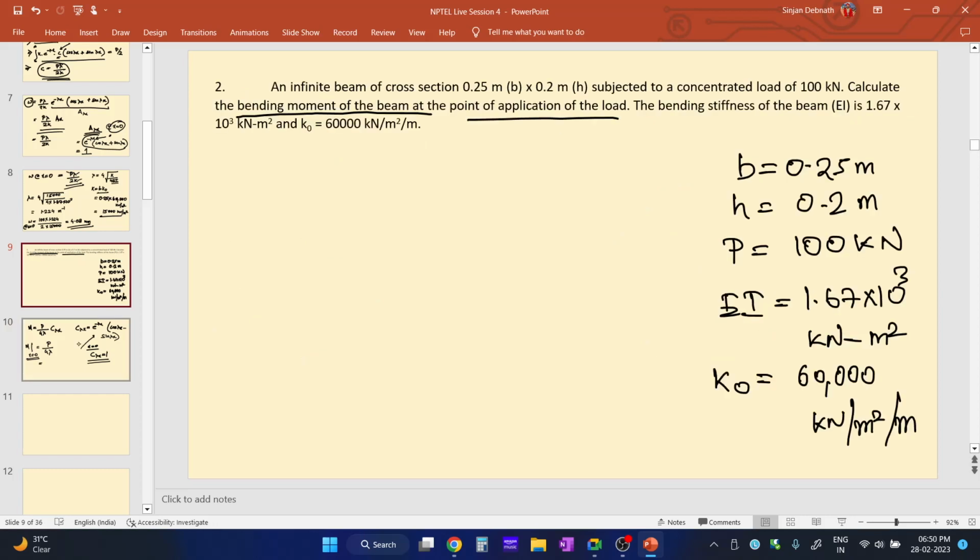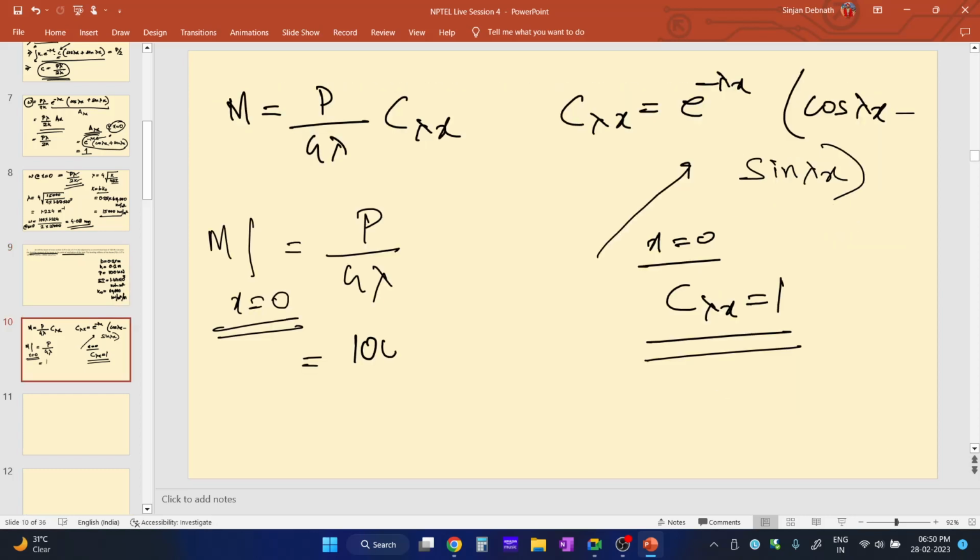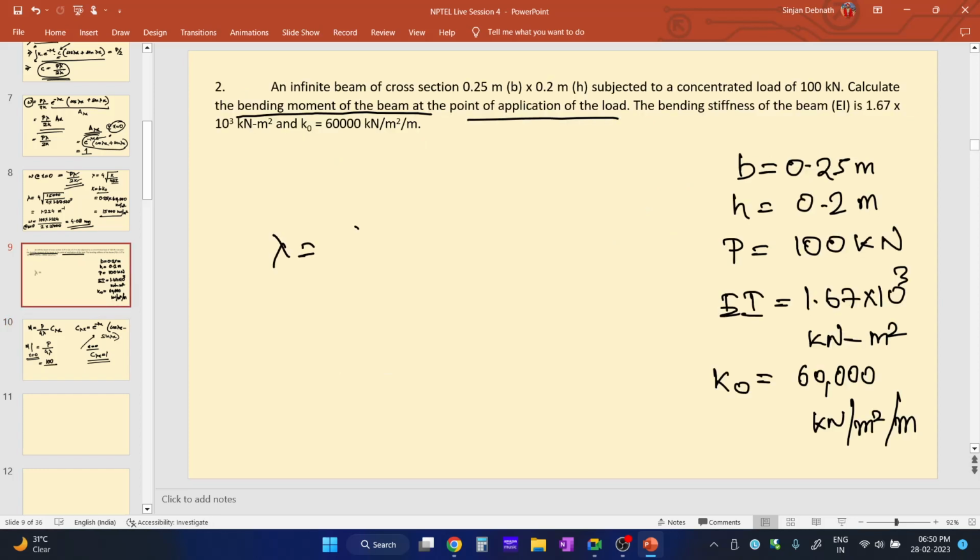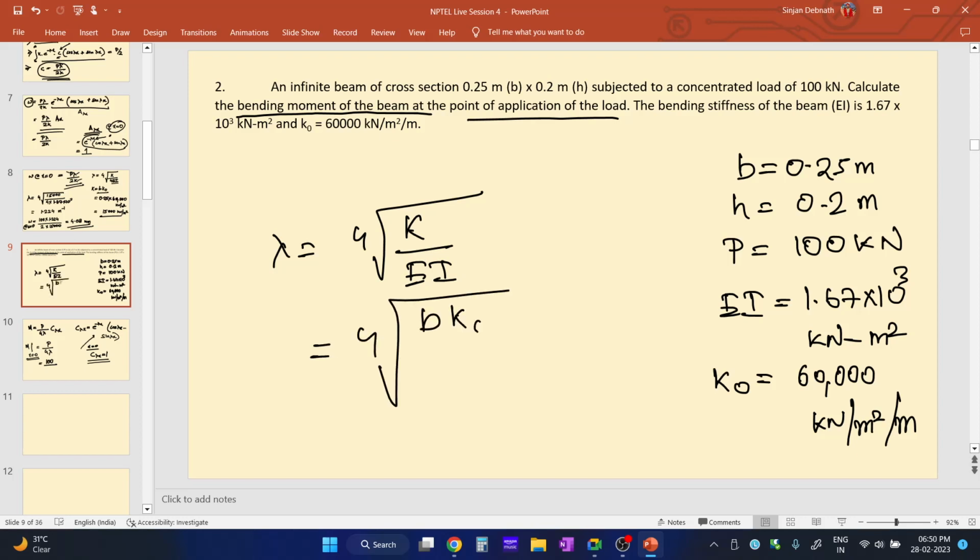P is 100 kilonewton. And what is lambda? Lambda is equal to root of 4 K by EI.